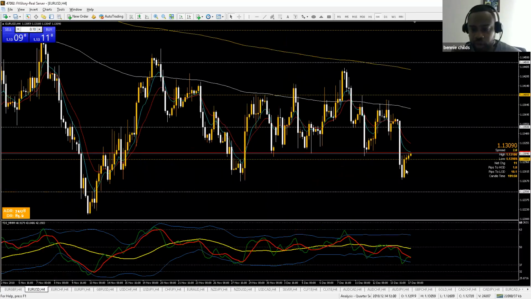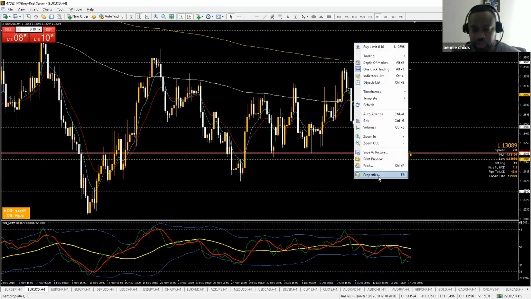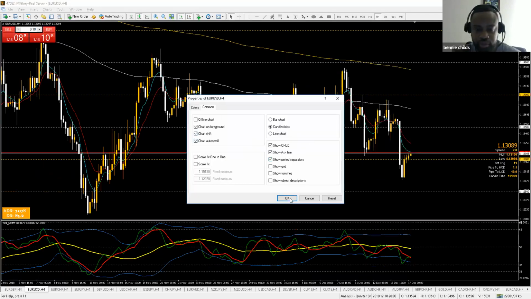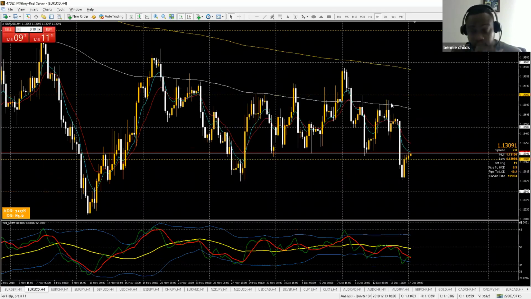All right, we do see now this is all the way last week here. Let me pull up our period separators. Whenever you're on the 4-hour chart, the period separators separate a week. So this is all of last week right here. We see where last week the market was making its way down, but it gave us a signal candle of this engulfing candle and then a confirmation candle.